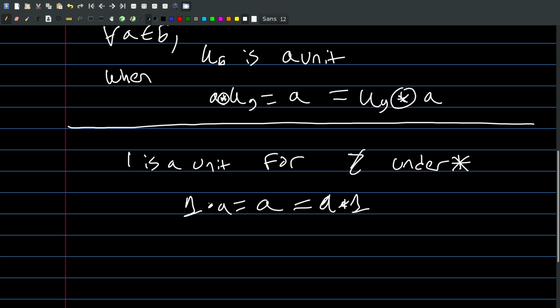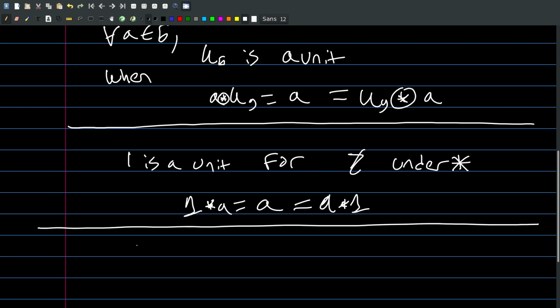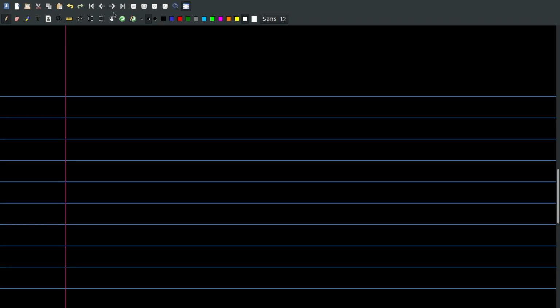Okay. And it'll be 0 for addition. And I also want you to think of the other things we talked about, like the quotient, the reals, the matrices, the dot product, the vector product. What's the unit for that? So think about that. Okay.